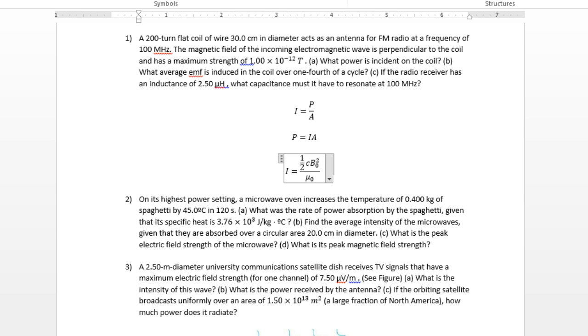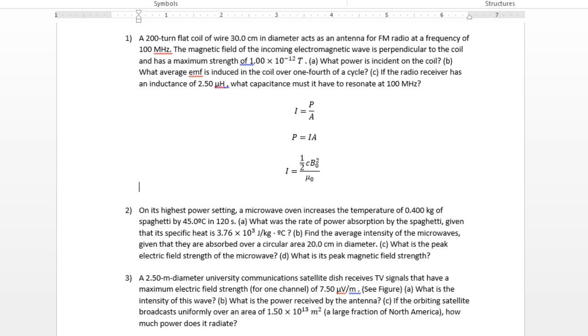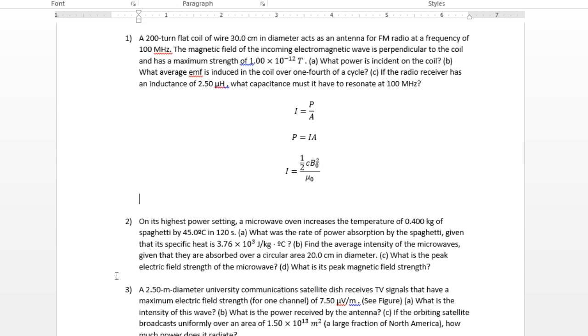Looks a little goofy, but we'll leave it as is. So this is the intensity. And we know everything in this because we know C, we know mu naught, and we know the B field.